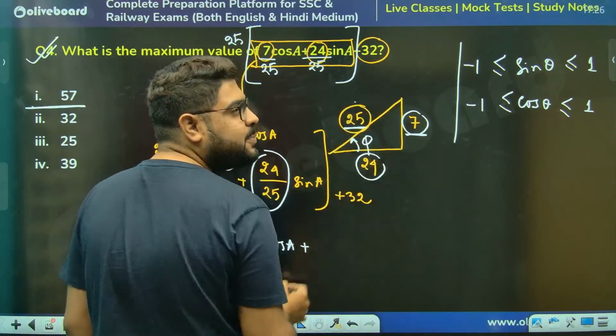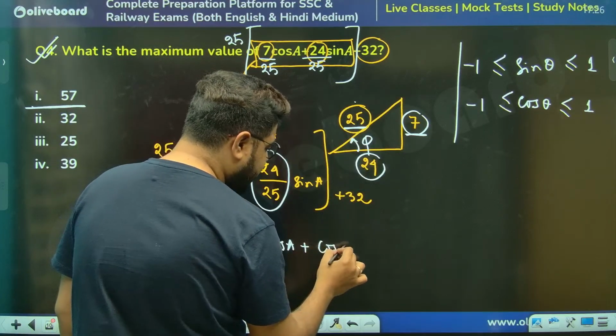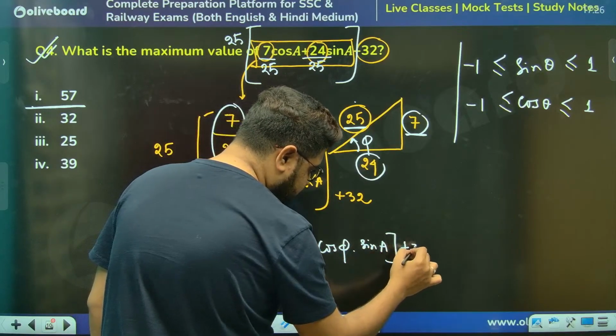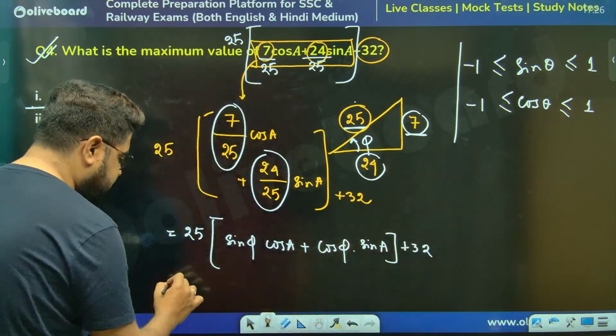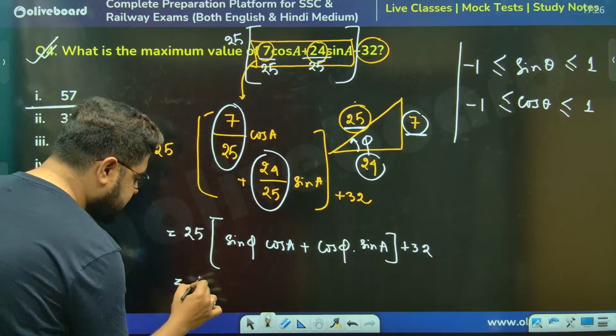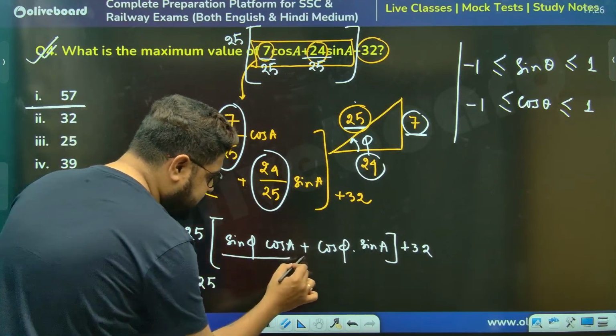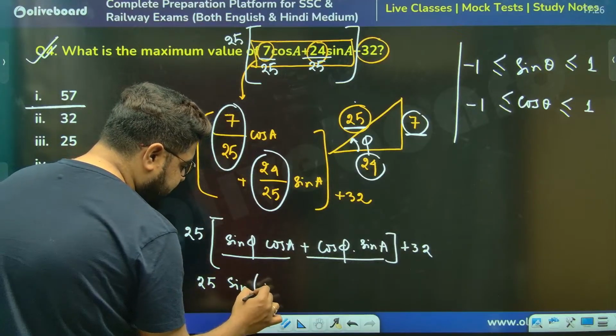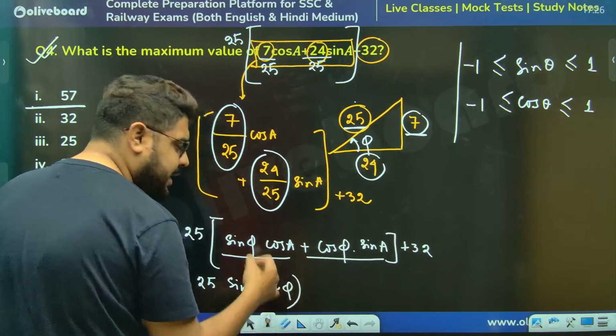Base by hypotenuse. That is cos phi, into sine A. Plus 32. Again, don't worry, I'll give you the shortcut as well. But this is how the shortcut actually comes. 25 into sine A cos phi plus cos A sine phi. So this is the sine A plus phi formula, sir. A plus phi or phi plus A, whatever you want to write.